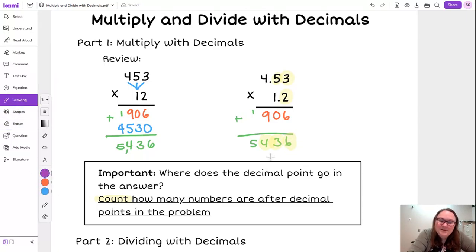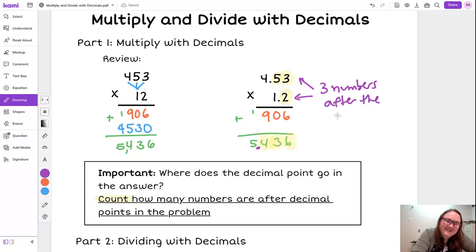And so my decimal point would go right here. And maybe in your notes even include a note about there are 3 numbers after the decimal. That will be how we multiply numbers in today's lesson with decimals, is you count how many numbers are after the decimal point in the problem.